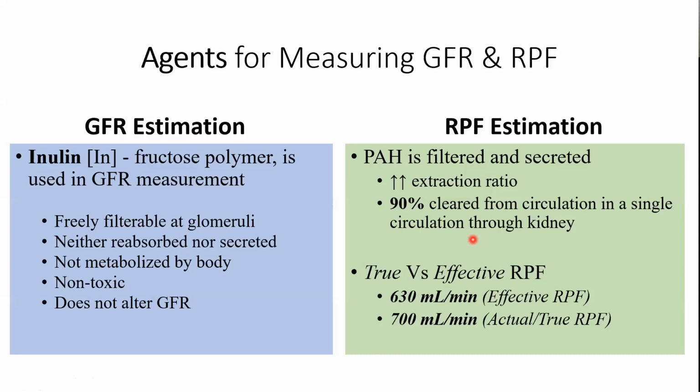So between these two, it will give you a pretty accurate picture of the plasma that totally entered into the afferent arteriole, gave the 20% at the filtration, and then the rest of the 80% while passing through the peritubular network heavily secreted PAH into the tubular fluid, giving you an idea of how much equivalent plasma came in the peritubular network.